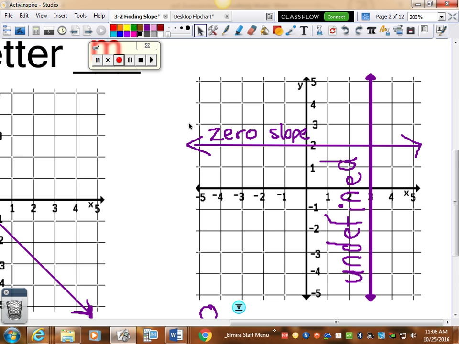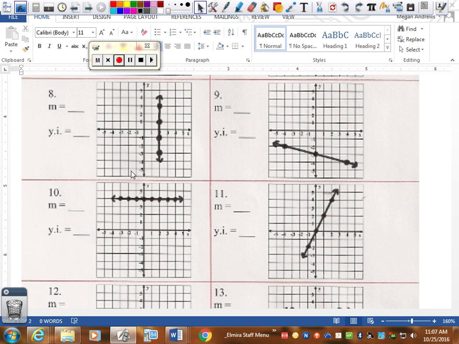We talked about here, flat lines have 0 slope, and vertical lines have undefined slope. So when we go to our homework, number 8 is a vertical line, and our slope is undefined. You don't put a number there, you don't make a fraction, you don't do rise over run.